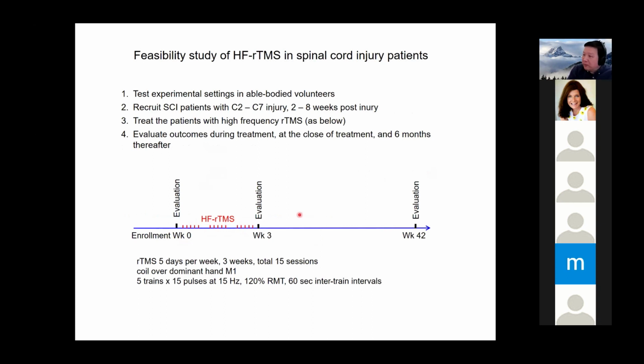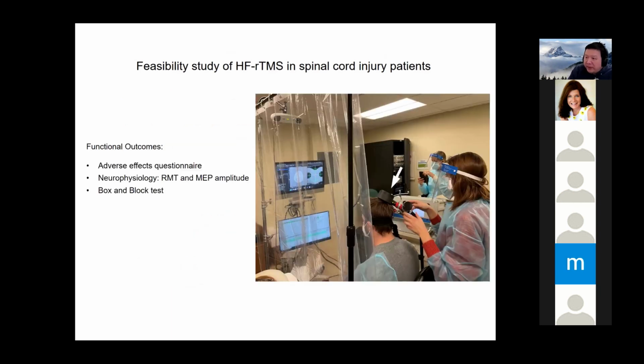And we will monitor the patients closely during and after the treatment. We will pay special attention to possible adverse effects such as dizziness, pain, and spasticity, and also record electrical conductivity and measure patients' hand function after rTMS with standard functional assessments.